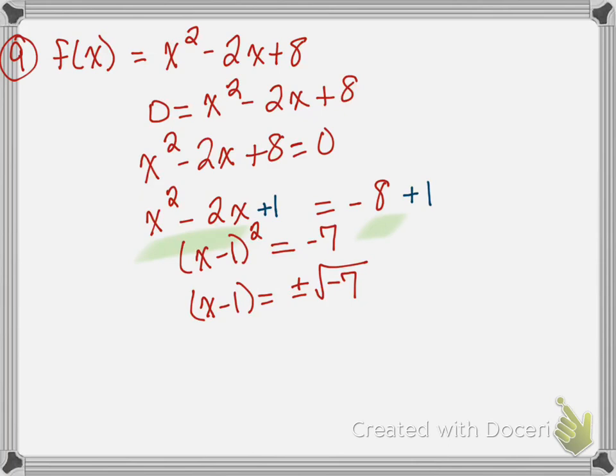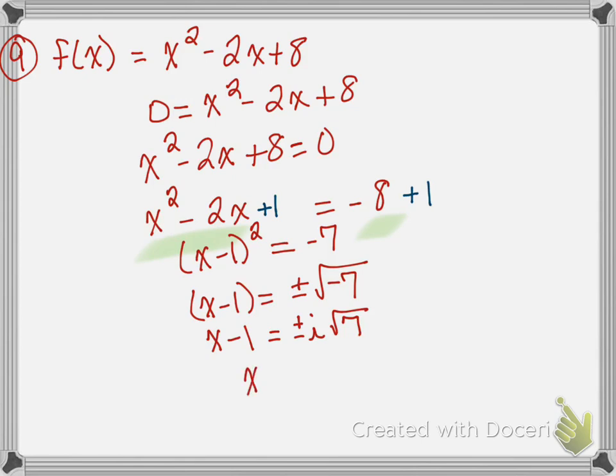Okay, now I've got a negative inside a square root, so that means I need to bring out my i. So on my right-hand side here, I'm going to have i plus or minus i times the square root of 7. And that is not a real number. That is a complex number. So we are no longer dealing with this graph crossing the x-axis because we have a complex solution.